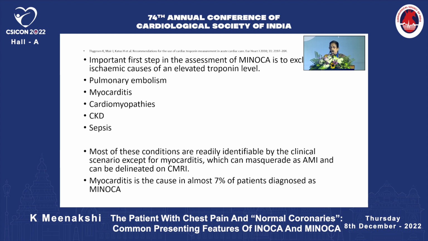So when you get a patient with ischemia or myocardial infarction coming in, the first step in the assessment is to exclude non-ischemic causes of an elevated troponin level like pulmonary embolism, myocarditis, cardiomyopathy, chronic kidney disease, sepsis, etc. Most of these conditions are readily identifiable by clinical scenario, except for myocarditis, which can masquerade as acute myocardial infarction, but can be delineated by CMRI.